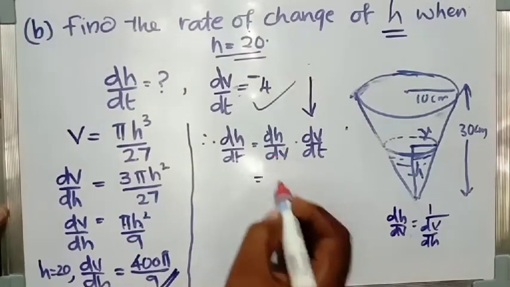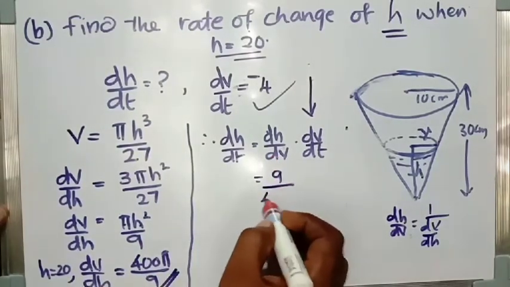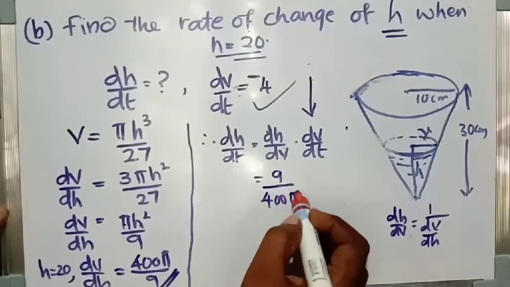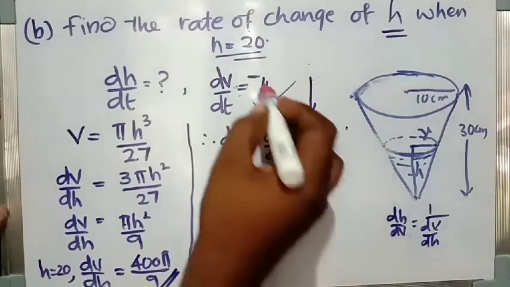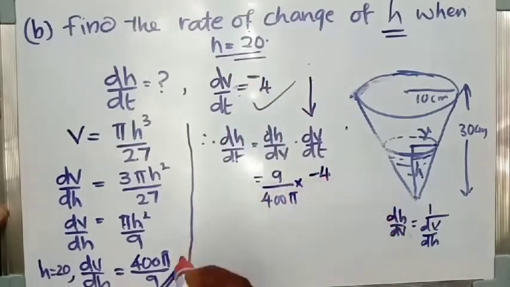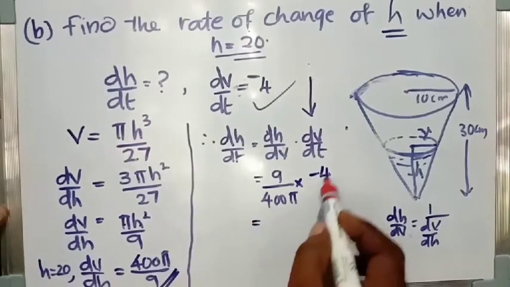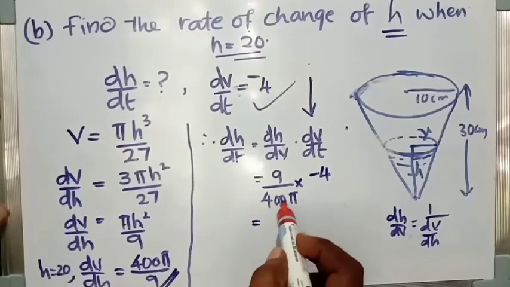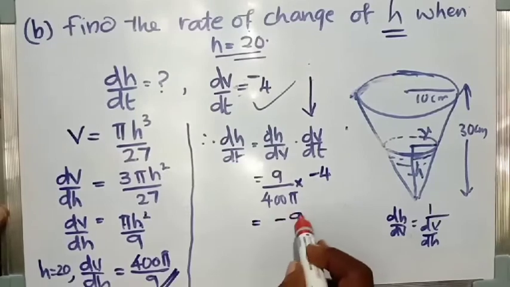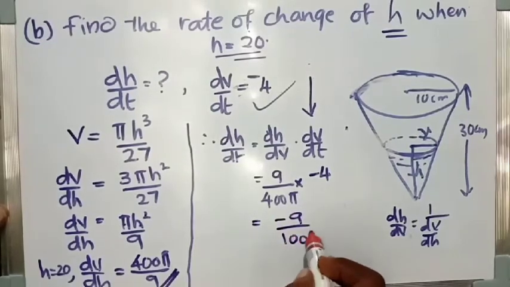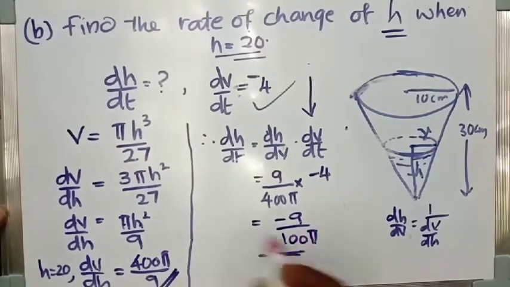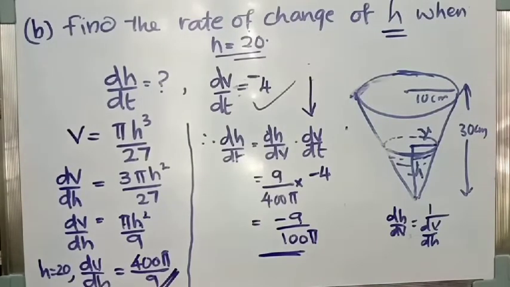So it becomes 9 by 400 pi multiplied by dV by dt, which is -4. So 4 and 400 get cancelled, we get 100, so that we get -9 by 100 pi as the rate of change of height with respect to time.